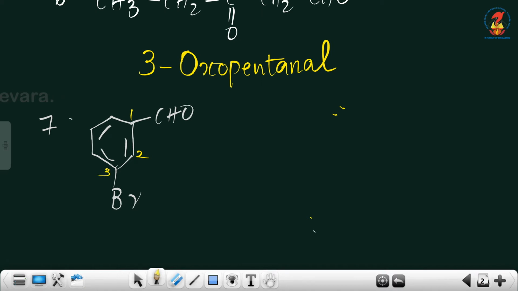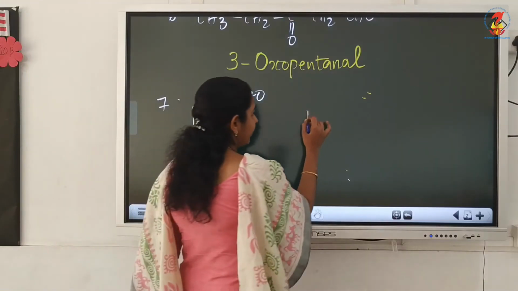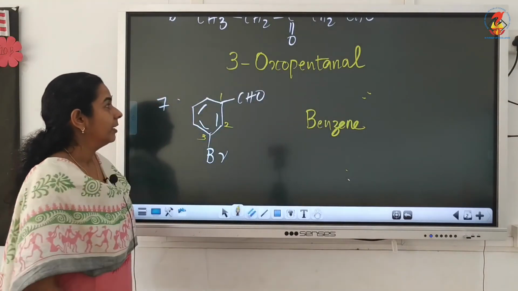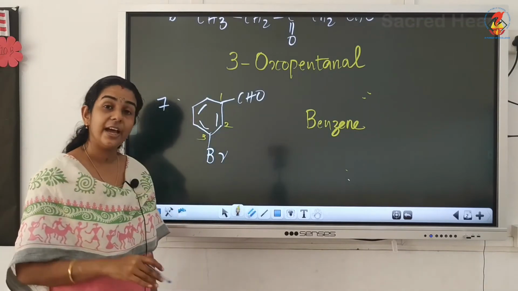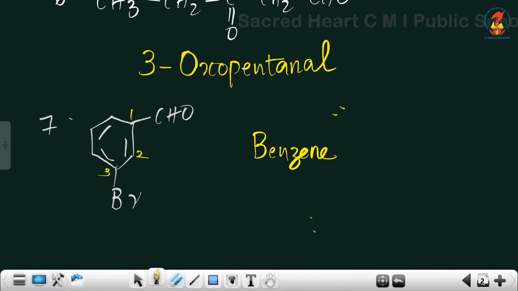So how to write the name of this compound? The parent chain is benzene. Functional group is aldehyde. So it is benzene, either you can write it as benzenecarbaldehyde or benzaldehyde.